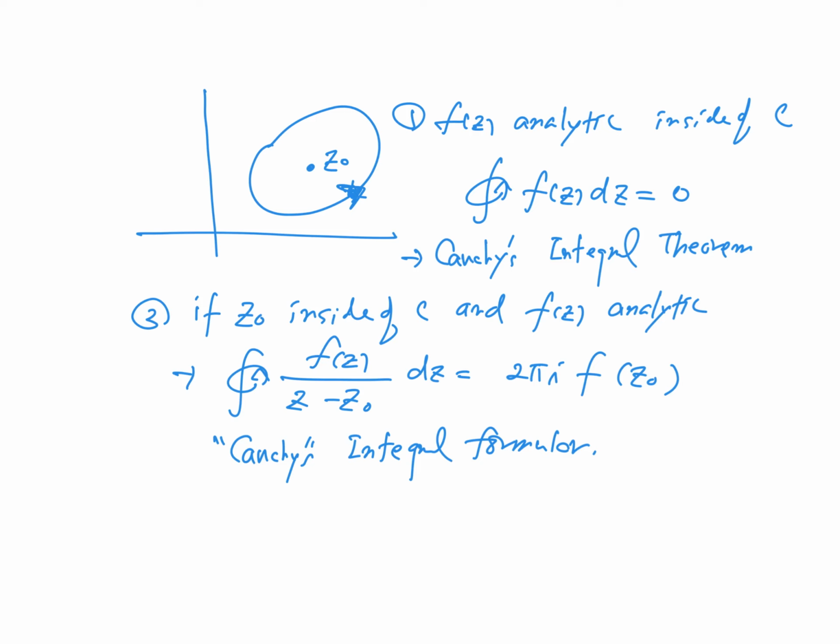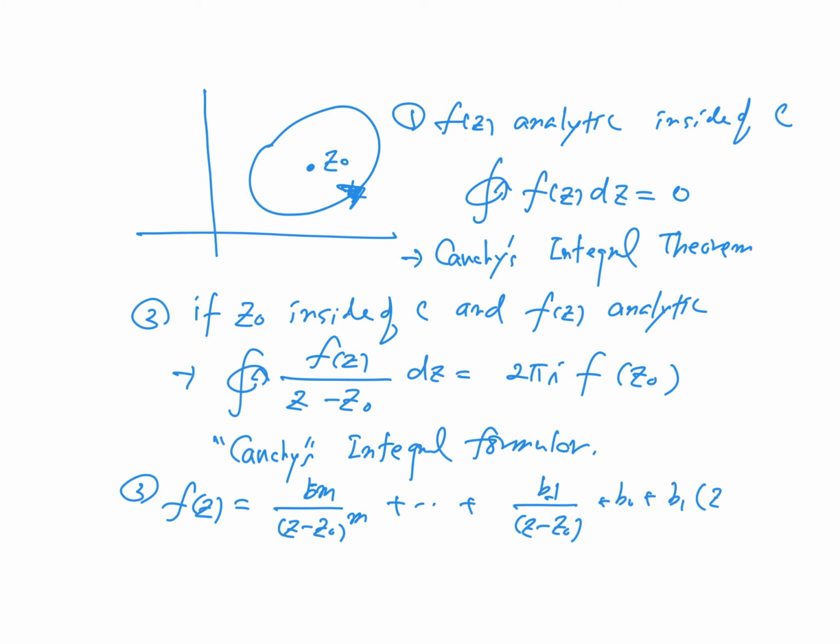And thirdly, if f(z) can be considered as a Laurent series, b minus m, up to b0 plus b1, etc. And of course, z naught is inside of C. Then obviously, it's 2 pi i b minus 1, right?